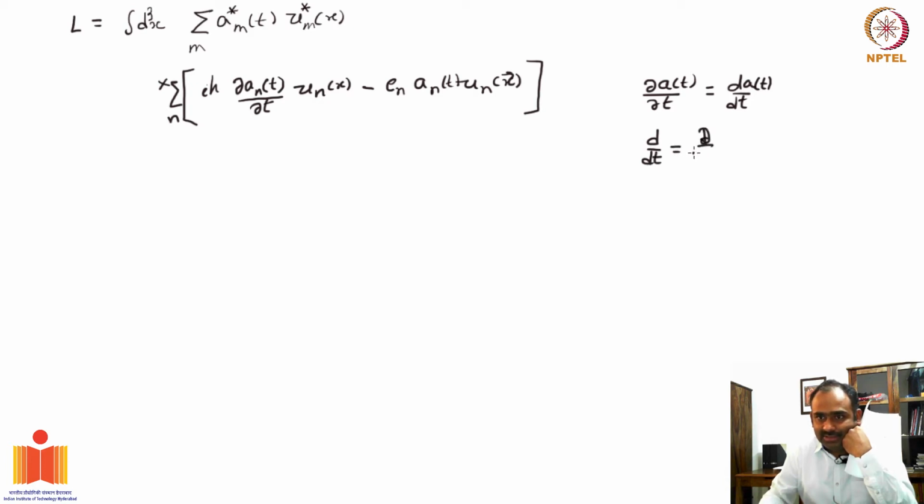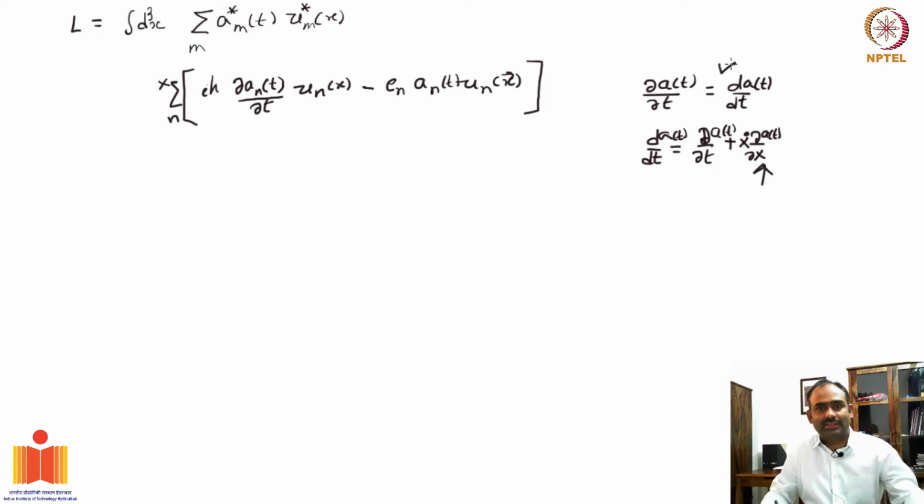It's del over del t plus del over del x, into dx over dt. So that's what it is. But if you put a function a which depends only on time, this piece is 0, right? Because it's a partial derivative of a thing which depends only on t. So this is gone, and it's clear that what I am saying is correct.